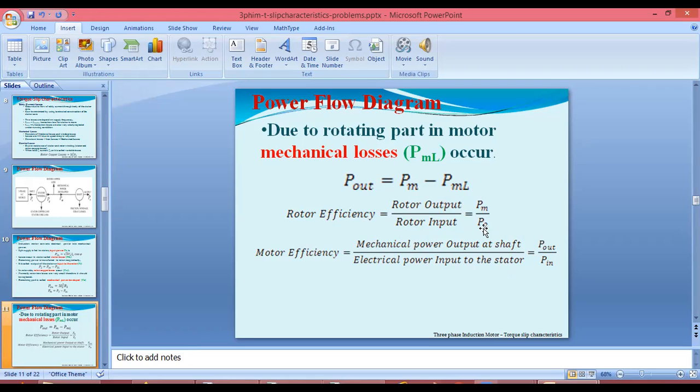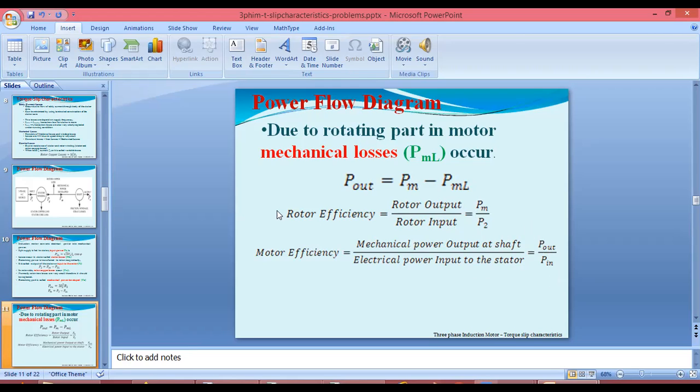So motor efficiency will be the mechanical output power that we get at the shaft. That will include the rotor as well as the stator. And here we are giving the input to the stator, so instead of P2 we are supposed to take PE. These equations you will need to solve numericals.